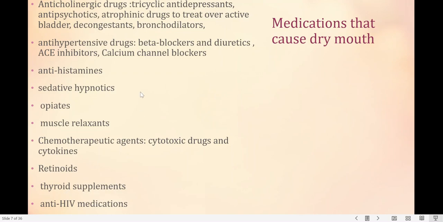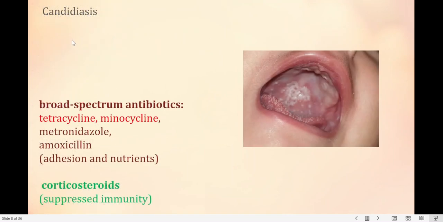So as you see, many of these medications are actually used frequently by our dental patients, like for example the antihypertensive drugs, the antihistamines, the anticholinergic drugs.